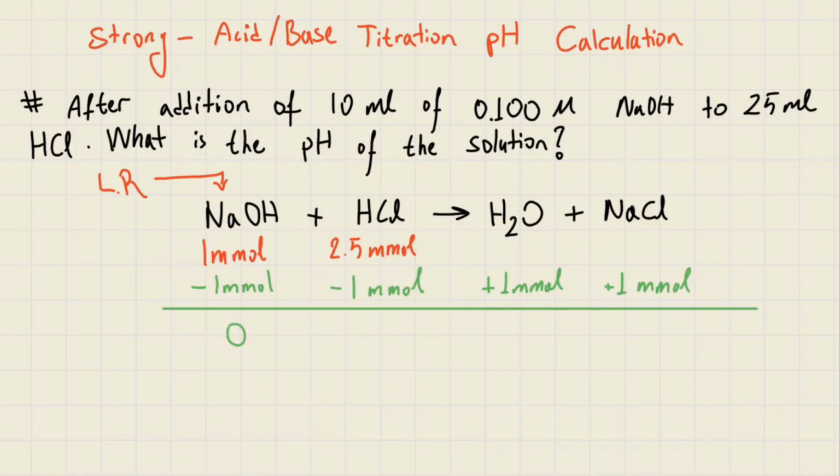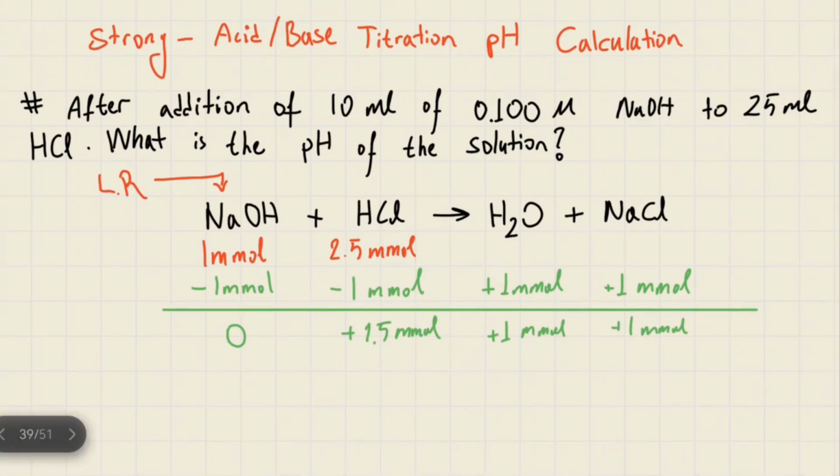So sodium hydroxide is depleted, and we have 1.5 millimole HCl, 1 millimole water, and 1 millimole sodium chloride. HCl is a strong acid, and it definitely ionizes.